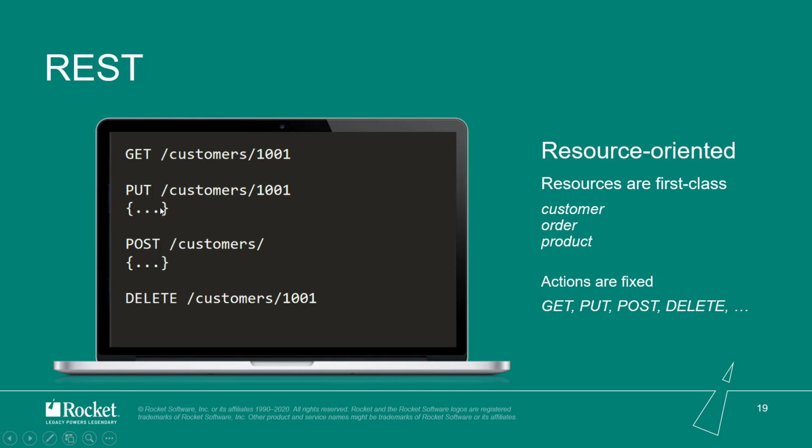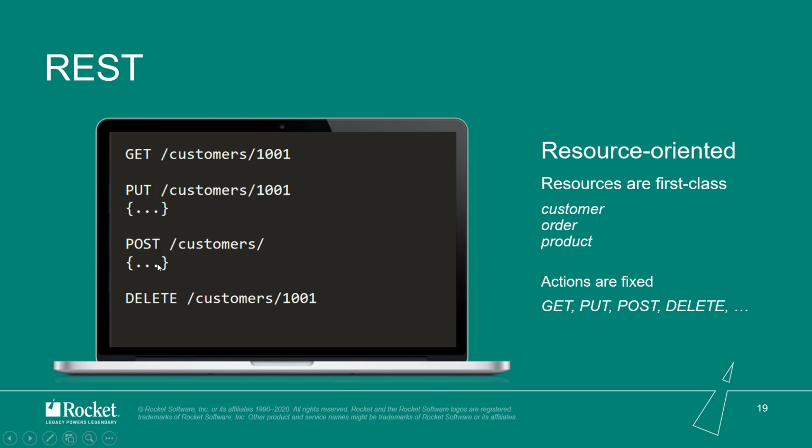So if you wanted to update the resource at this URI, you would issue a put request to it, supplying in the payload the parameters that needed to be updated on the data server. A post typically is associated with adding to a set of resources. So in this case with the post, you typically don't specify an ID because you're posting to a collection.